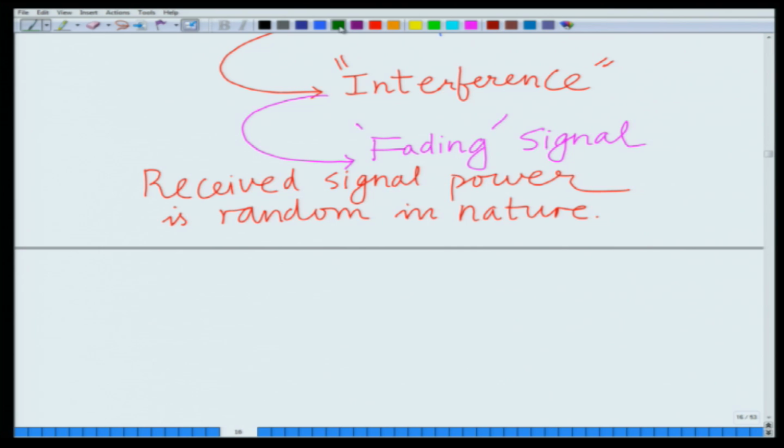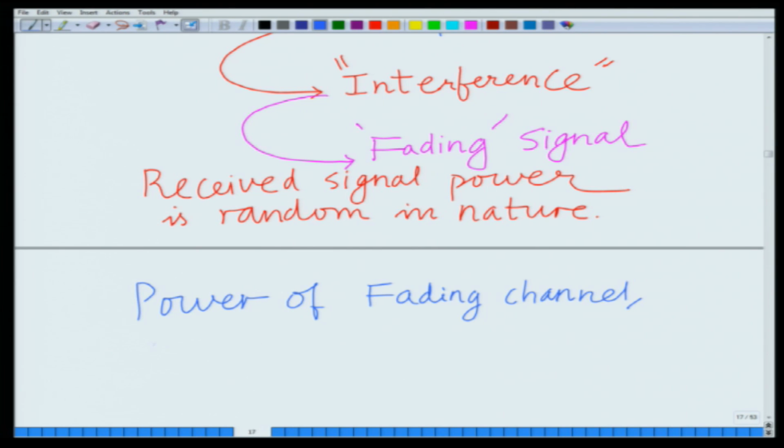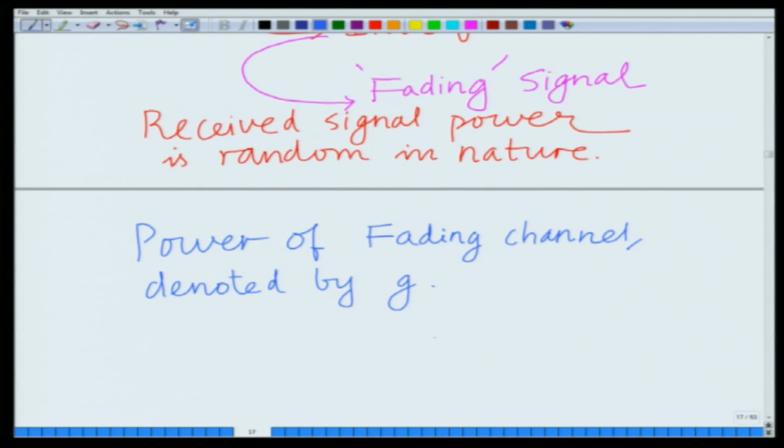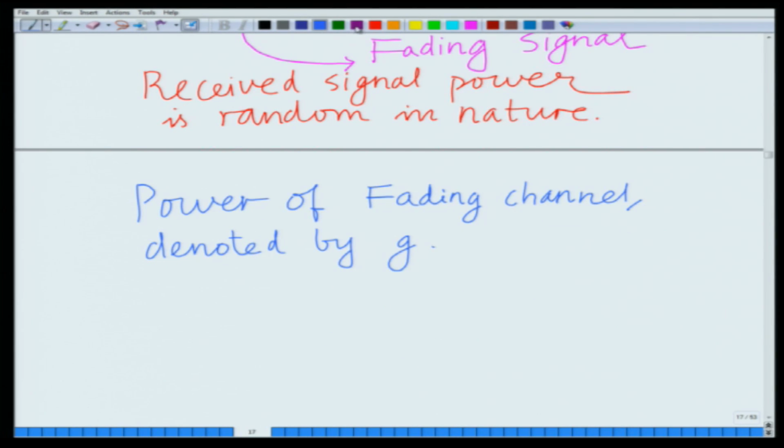Therefore, the power of the fading channel, which is denoted by G, is characterized by the fading channel distribution.